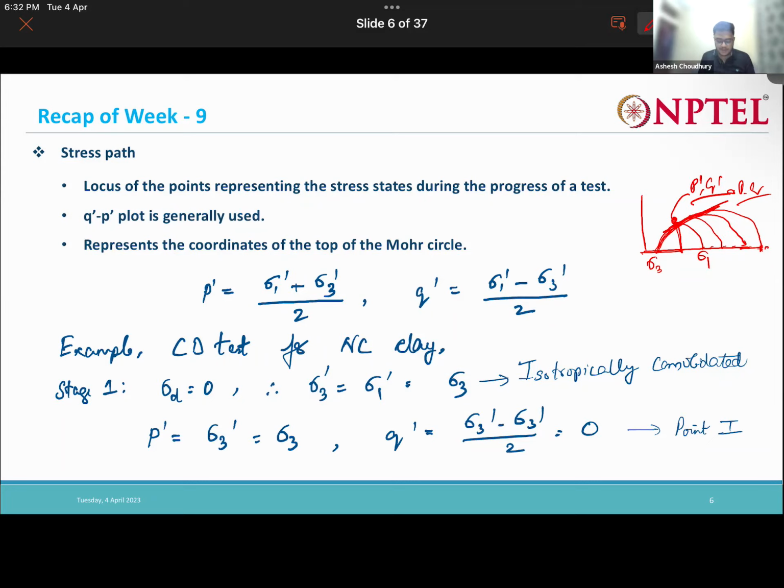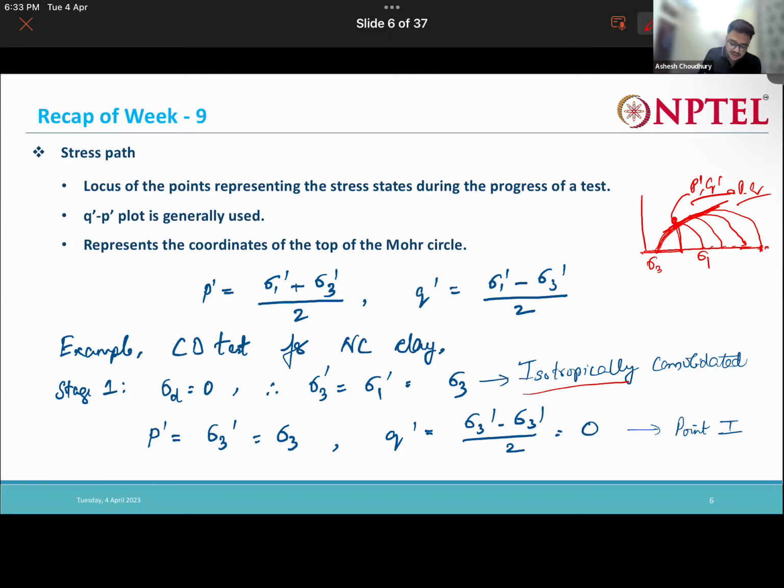Now let us take the example of a CD test for normally consolidated clay. In stage 1, the deviator stress is 0 because we are just consolidating the sample, so sigma 3' equals sigma 1' equals sigma 3. Consolidation might also be anisotropic.